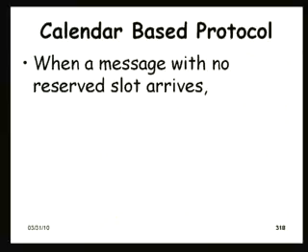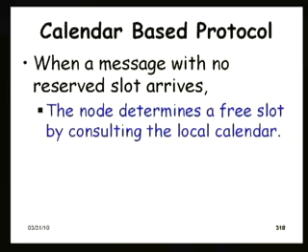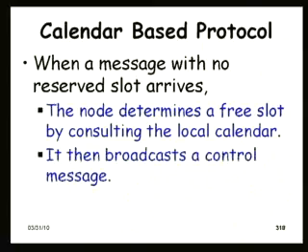When a message with no reserved slot arrives, the node where the message arrives looks at its local calendar, finds a free slot and then broadcasts a control message for reserving that slot. It can't just start transmitting on a free slot because there might be other nodes which might try to transmit at the same time, right.